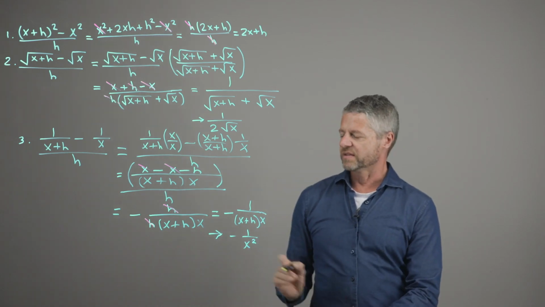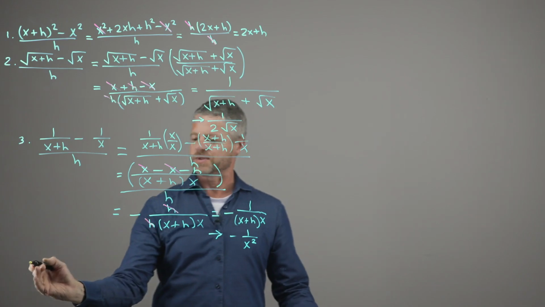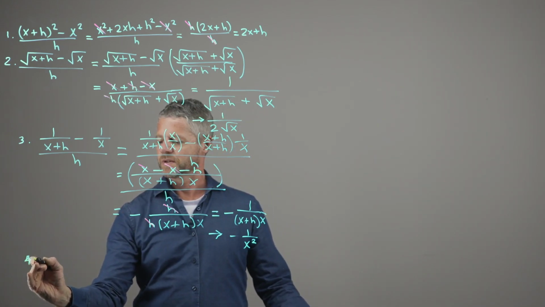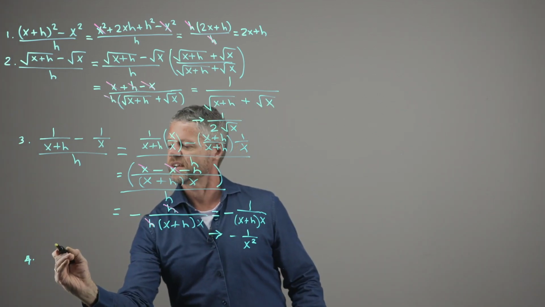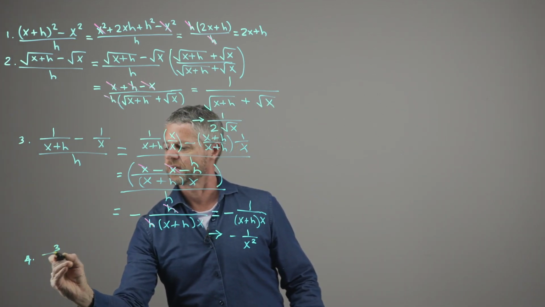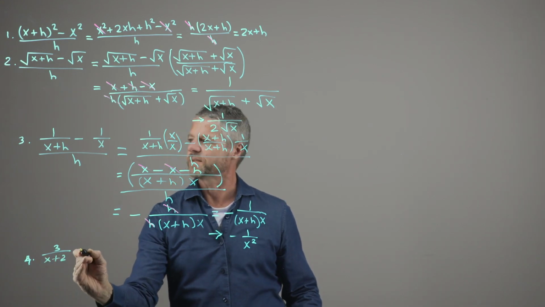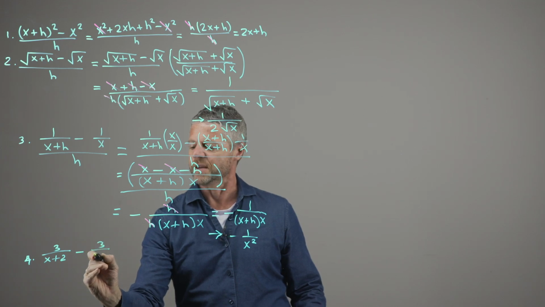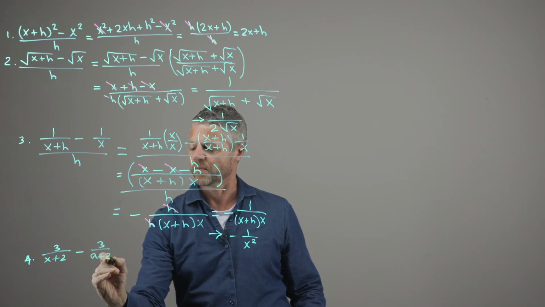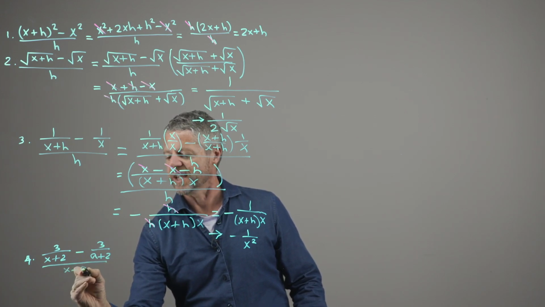Let's think about a different kind of example now. Let's think about this expression: 3 over x plus 2 minus 3 over a plus 2, and all divided by x minus a.